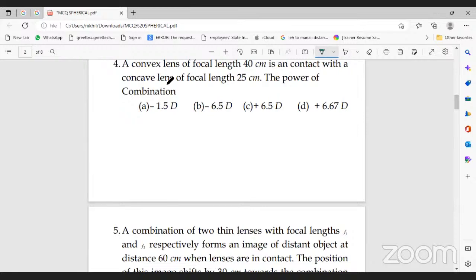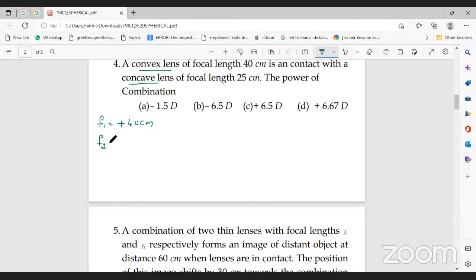Look at this next problem. What type of lens is it? First one? Convex lens. Convex lens is positive, so it is plus 40 centimeter. It is in contact with a concave lens.